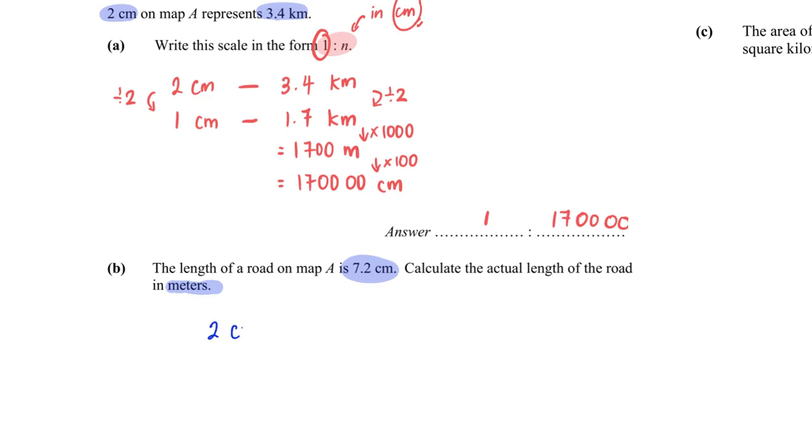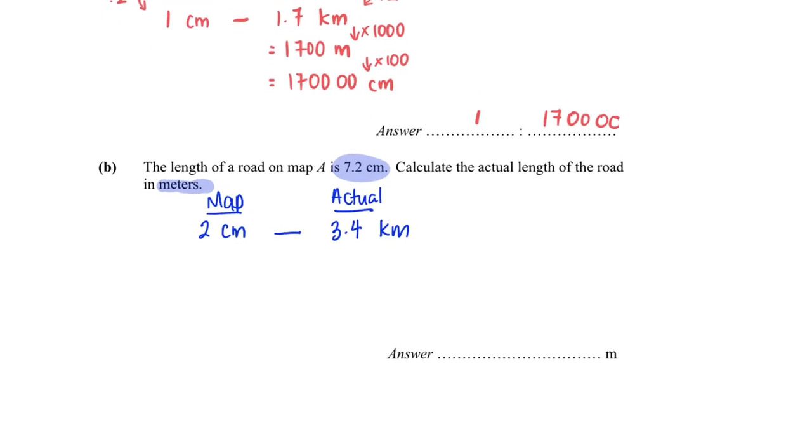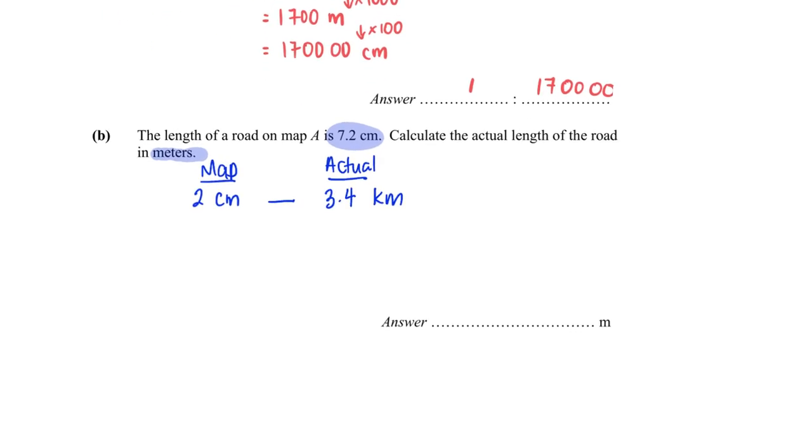So I start with 2 cm on the map represents 3.4 kilometers on the actual ground. Since they are dealing with meters, but before that, I will find this 1 cm to 1.7 kilometers first.